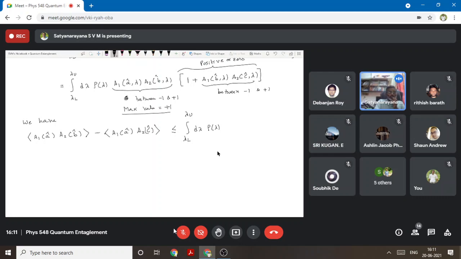If any other value is there, it is going to be smaller than that. So that is the inequality I am putting here, less than or equal to this one. I will choose this as plus 1 into 1 plus a1 of b cap lambda into a2 of c cap lambda.